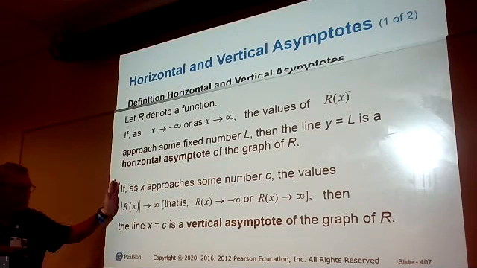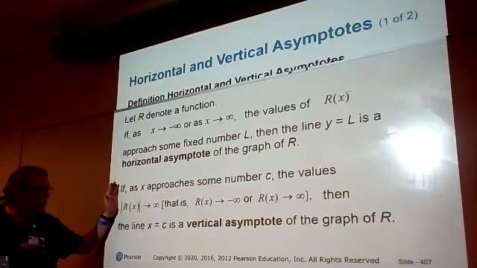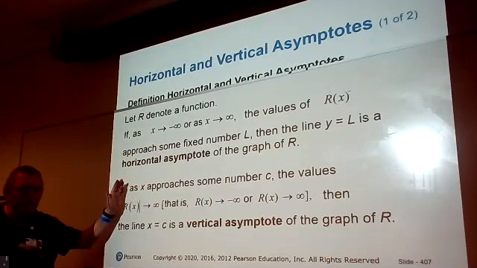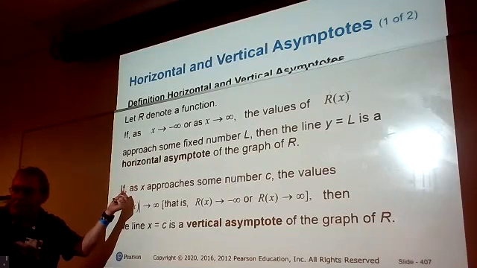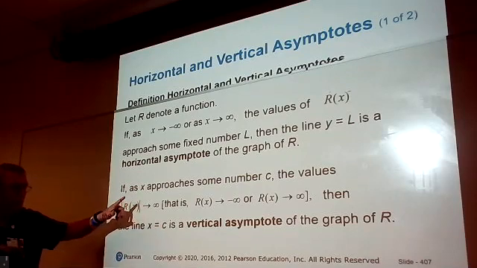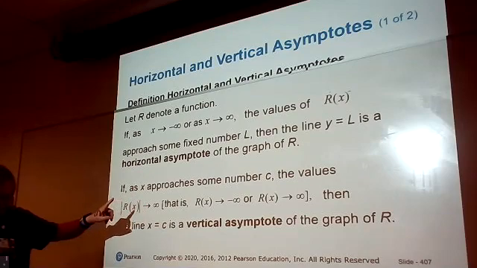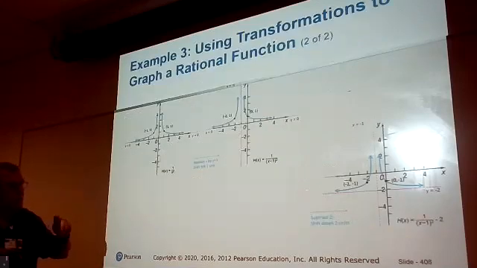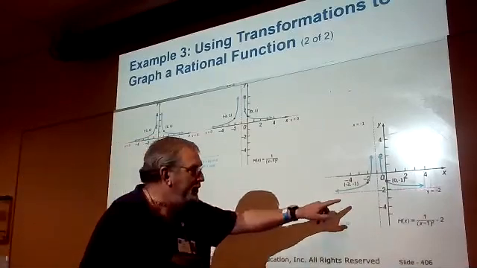So you have a vertical line where on either side of that line, as x approaches that c value, the graph goes to positive or negative infinity, which happens here.